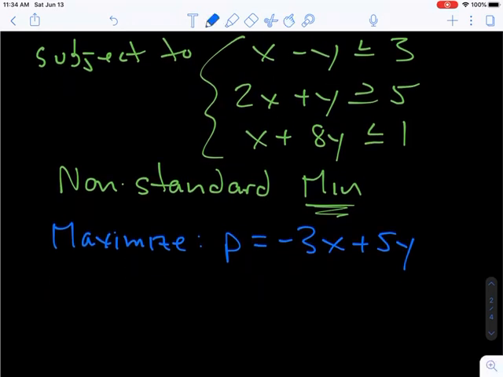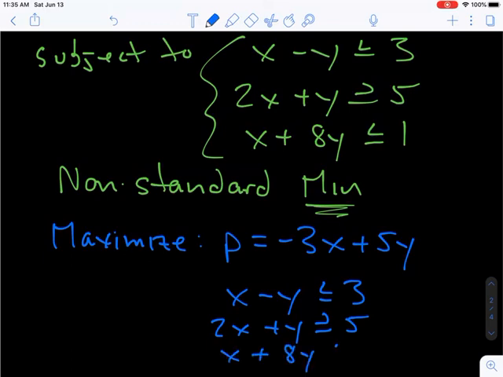We can rewrite this with the same constraints. x minus y is less than or equal to 3. 2x plus y is greater than or equal to 5. And x plus 8y is less than or equal to 1. So those are my constraints.